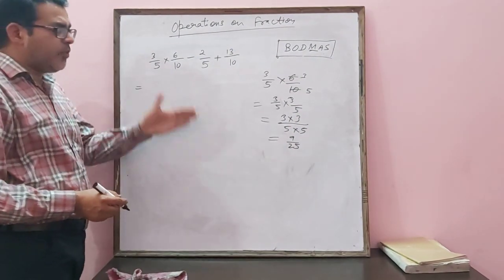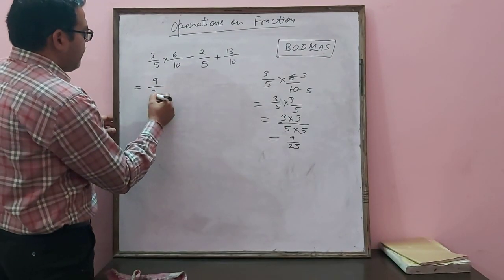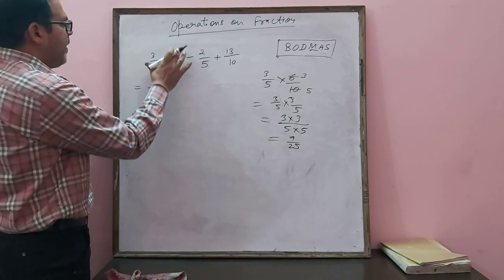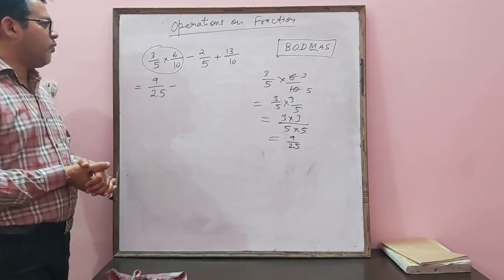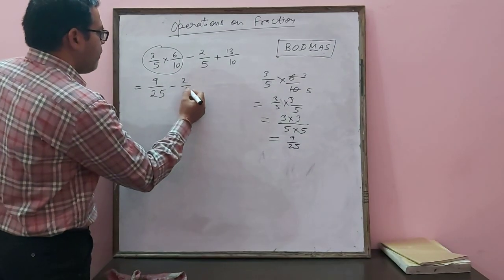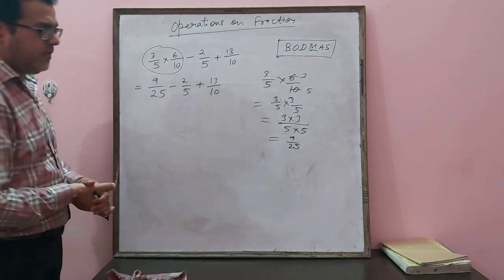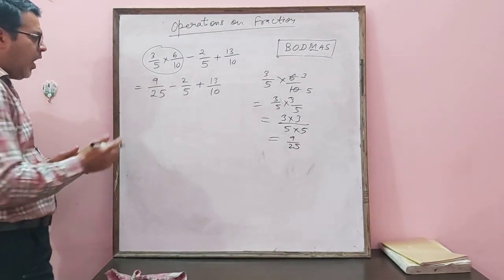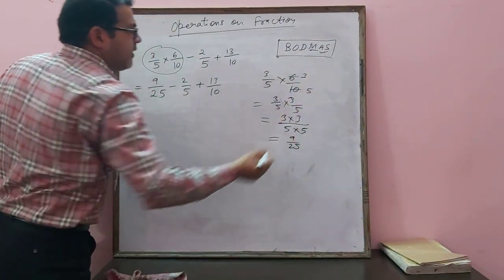Hope you understand. So many times we have already discussed this thing. So 9 upon 25 we have here after multiplying these two fractions. 9 upon 25. Right? Then minus 2 upon 5 and 13 by 10 we can write as this. Now the rule says that after that, addition.